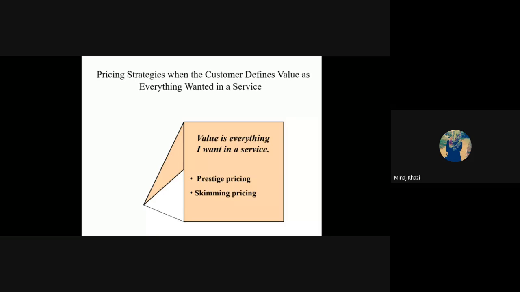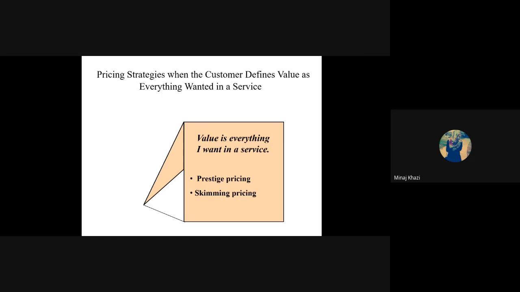Prestige pricing is when a particular brand, for example, comes up with a product, so the pricing would be as per the value of that brand in the market. Okay, so it might be high, it might be low, whatever, based on the pricing. If people think that if I buy this, I'll have good prestige, that would be the higher value that they are paying.